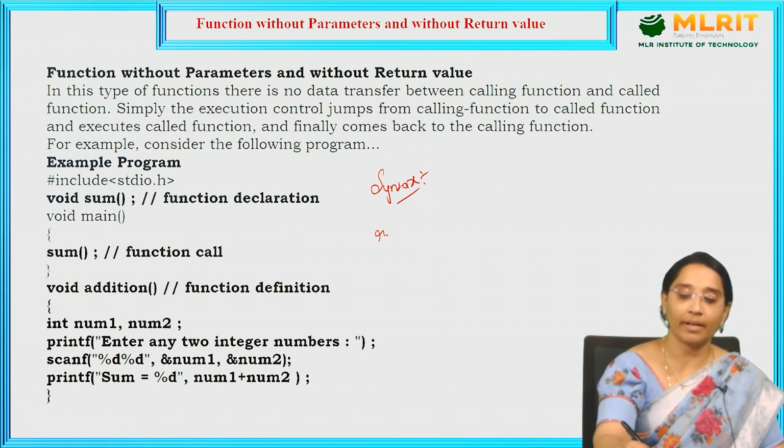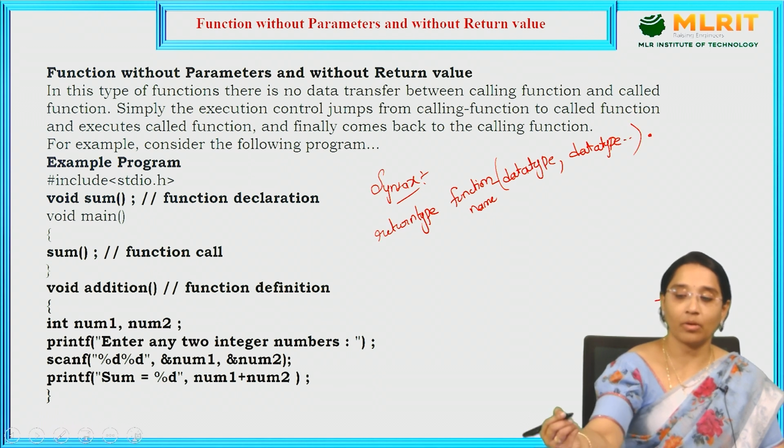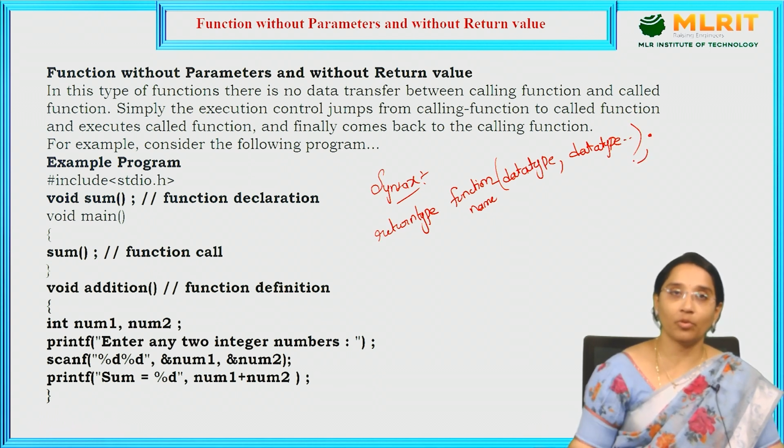It is return type, function name, data type, comma, data type, and so on, semicolon. Suppose I want to calculate the sum of two numbers only, let's take the same example.